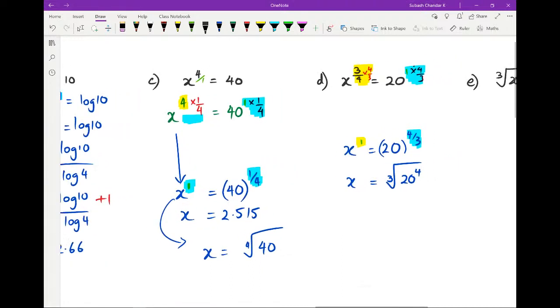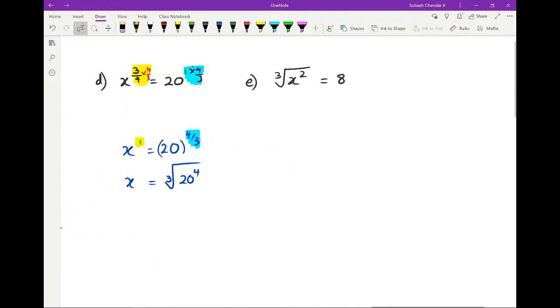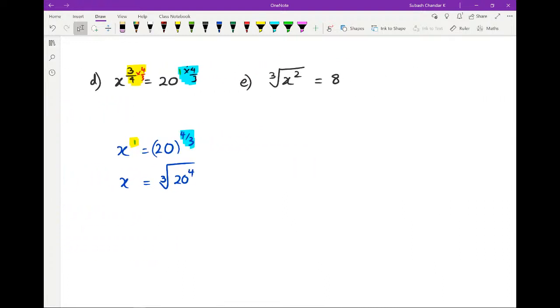Cool. Let's go to the last question. I think you guys should be fine with this one, because all you have to do is first write it as a fraction. So this is going to be x to the power of 2 over 3 is equal to 8. Trust me, TS, you're going to learn that. Because look, you've just figured it out.